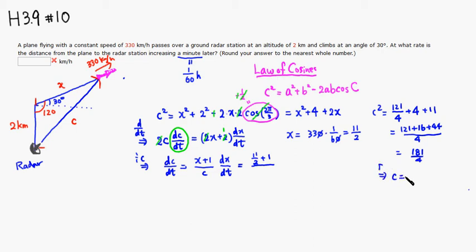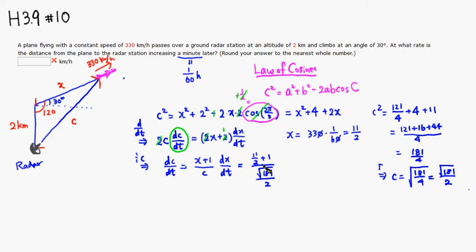If you want c, you have to take the square root. c is a length, so we don't have to worry about the negative one. The square root of 181/4: I'm not sure the square root of 181 is a nice number, so I'll just leave it. But the square root of 4 is 2. So c is the square root of 181 over 2.